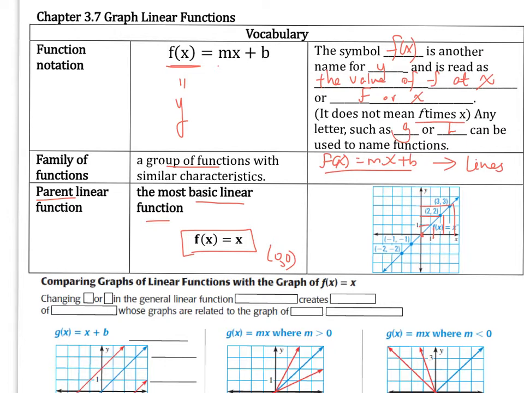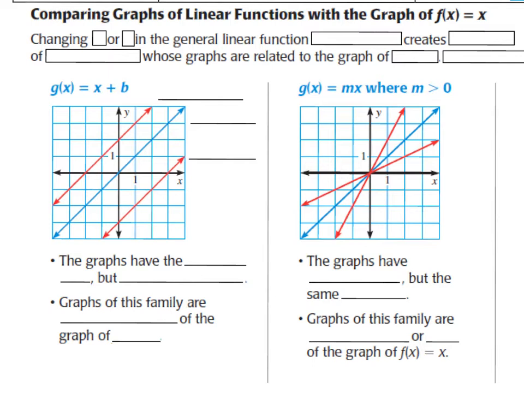Okay, and moving on. Changing m or b in the general linear function g of x equals mx plus b creates families of linear functions whose graphs are related to the graph of f of x equals x.